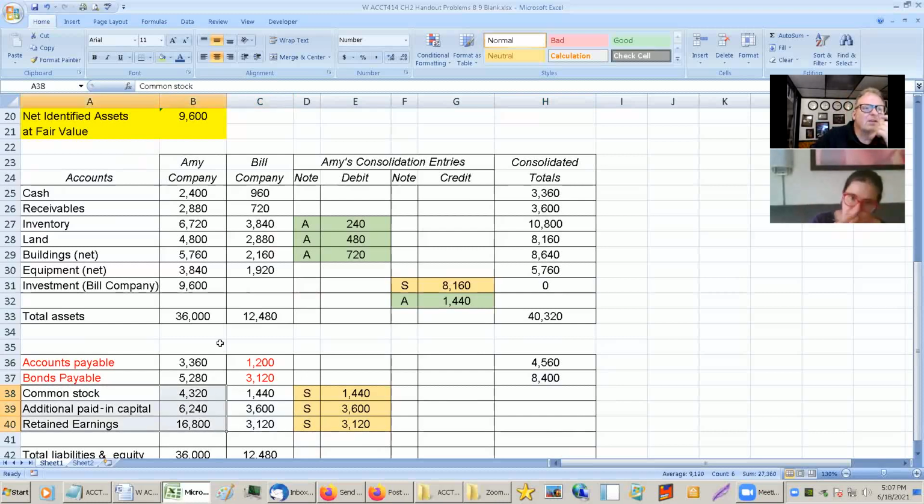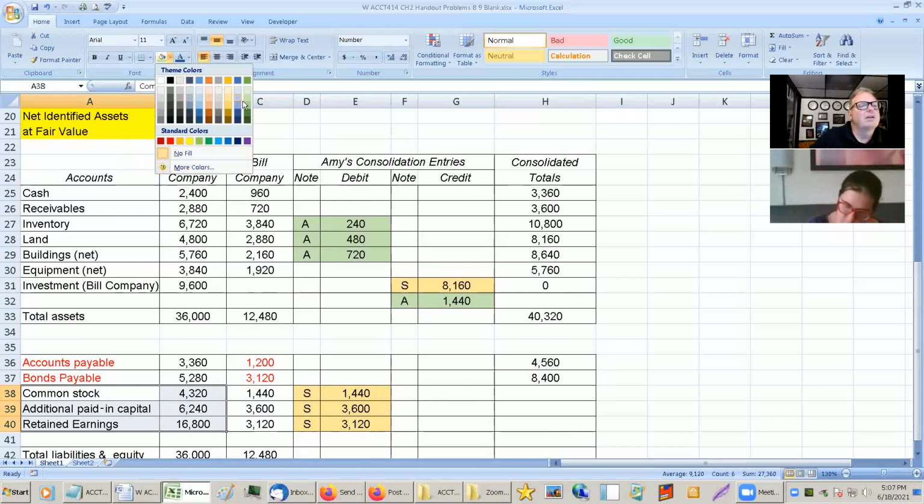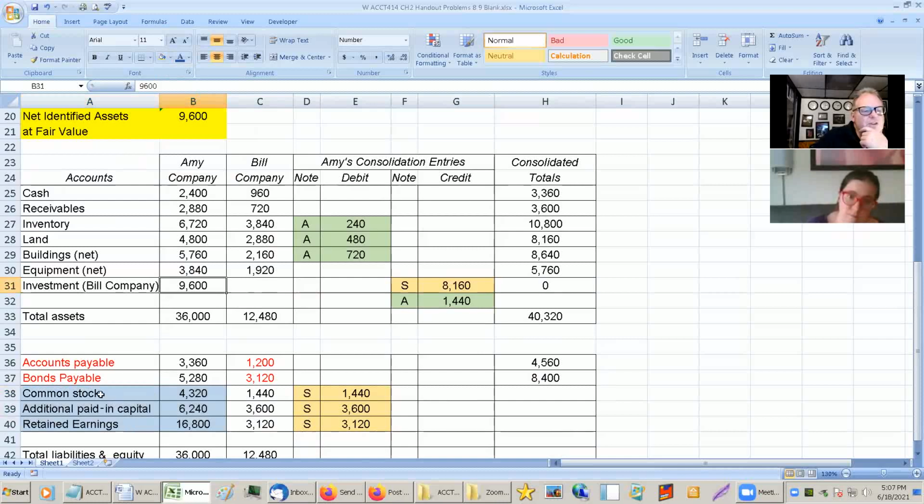One of the things you're going to see in here is that the only thing really left for stockholders' equity is this. There aren't any external shareholders, so those are all going to go away. So the only thing left is just that.